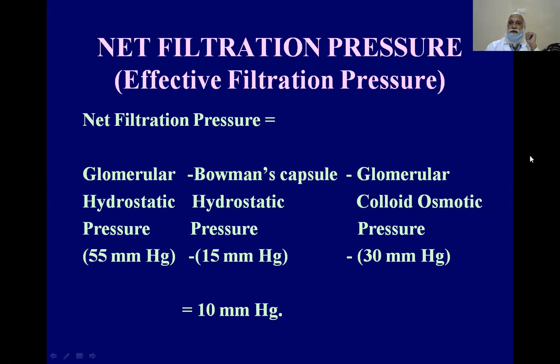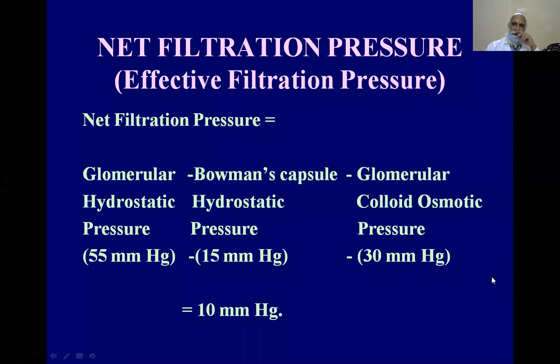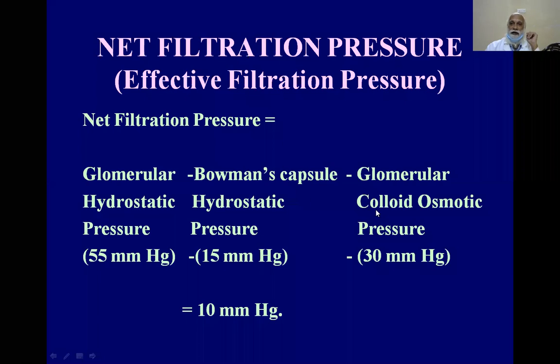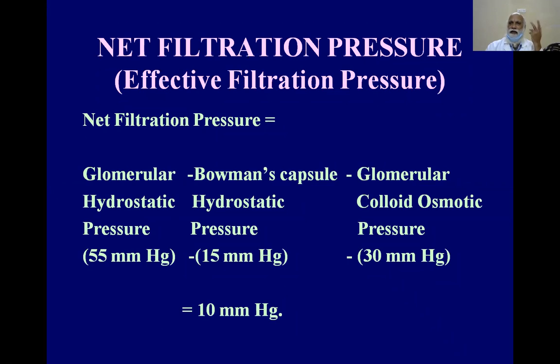So there is no opposing part. You have protein, which is a colloid, in the glomerular capillary blood, just like the blood in any part of the body. It has plasma proteins. So glomerular capillaries have colloid osmotic pressure in their blood.